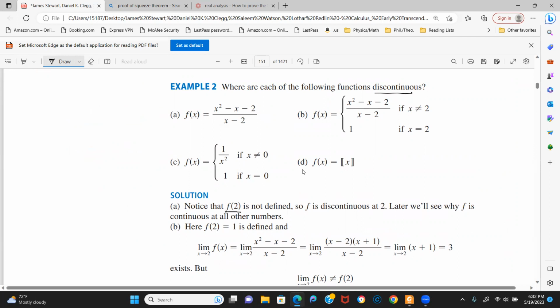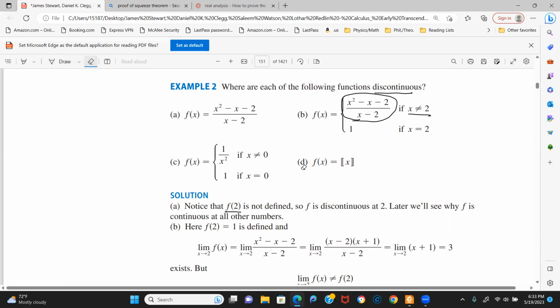Now what about B? If you look at a point away from 2, you have this rational function, and these are continuous. Remember, they satisfy the direct substitution property, that theorem that basically tells you these functions are continuous.